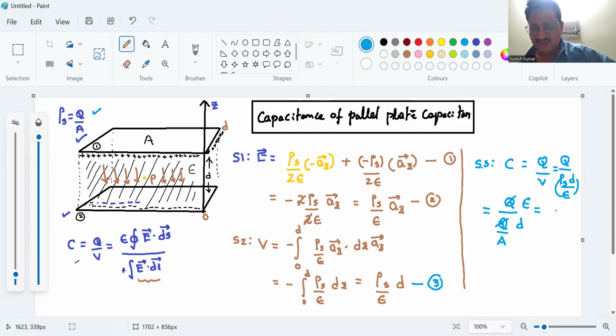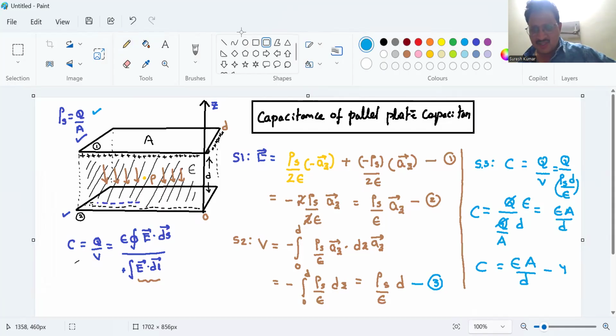We are left with epsilon A by d, which is equal to capacitance C. C is equal to epsilon A by d. This is equation 4, which is nothing but the capacitance of a parallel plate capacitor. Thank you, students. Thank you very much.